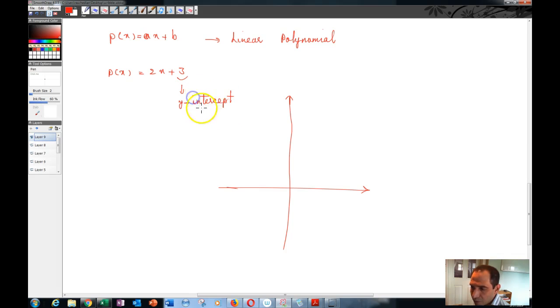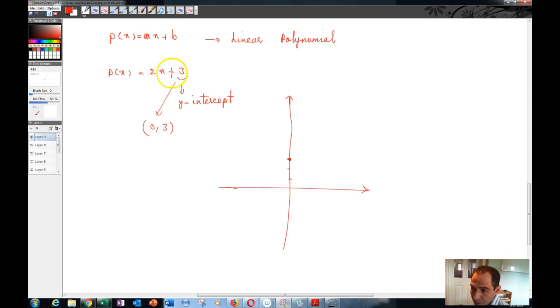What that means is that it's the point where the graph of this polynomial goes through the y-axis, meaning at this point 0, 3, the graph is going through the y-axis, meaning that would be 1, 2, and 3. So that would be one point of the graph of this polynomial.